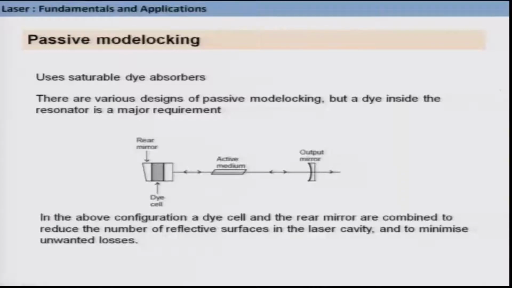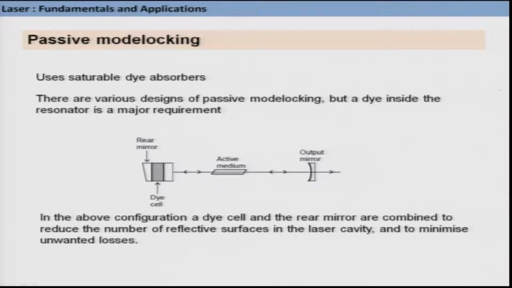Now, how can you implement this saturable absorber to do the mode locking? There are various different designs available, but whatever be the case, this saturable absorber, which is a dye, is definitely a part of the resonator. So it has to be within the resonator.